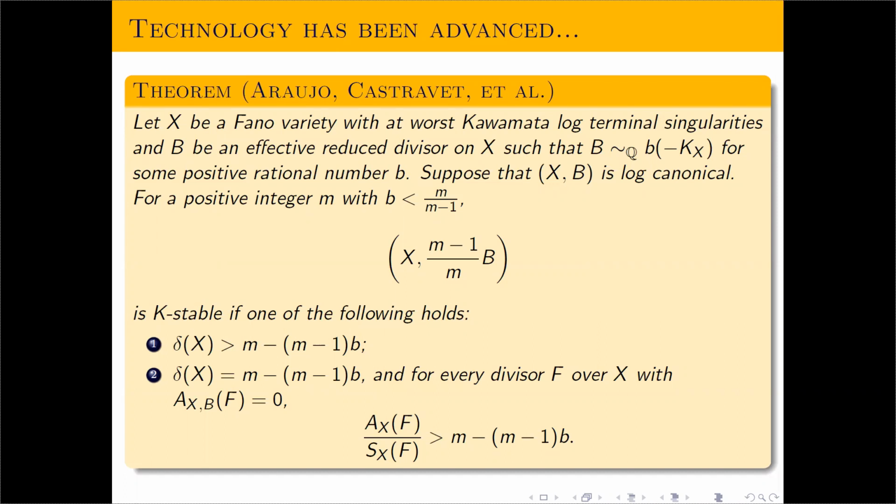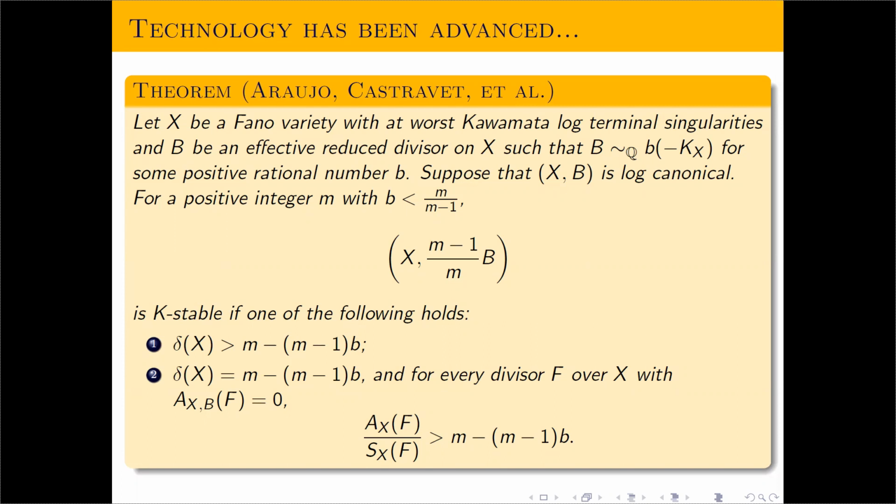X is a Fano variety with certain singularities, and B is the divisor which gives the branch divisor of the orbifold, proportional to the anti-canonical divisor, with a certain condition like this.